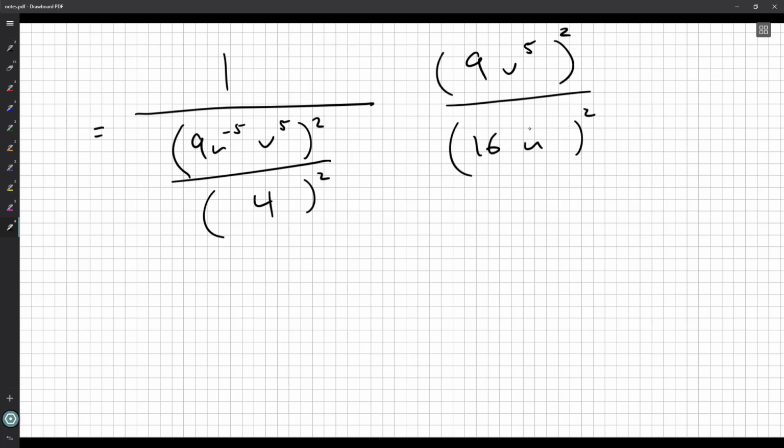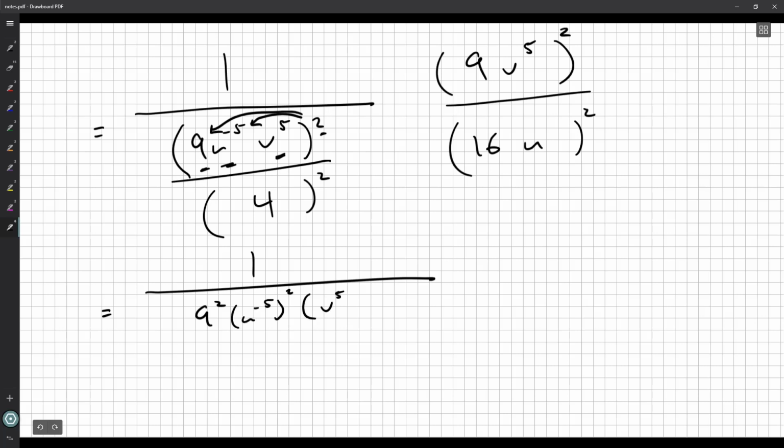And now, what else do we have? Well, we've got products in here being raised to some power. We could split this up even more. So we could split the top here, 9 to the power 2, u to the negative 5 to the power 2, v to the 5 to the power 2. And on the bottom, I suppose we could say 4 to the power 2 is 16, although the numbers might be getting a little big, so we might want to stop doing that.